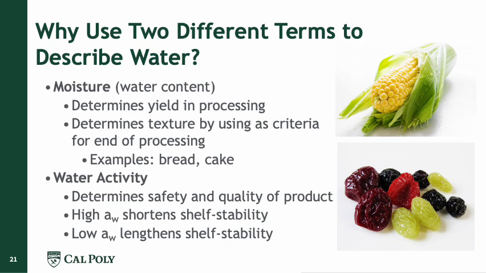If we have high water activity, as I mentioned before, like 0.95 or more, then the shelf life of our foods will be shorter. And if we have low water activity, then the shelf life will be longer. This is in terms of processing and preservation.